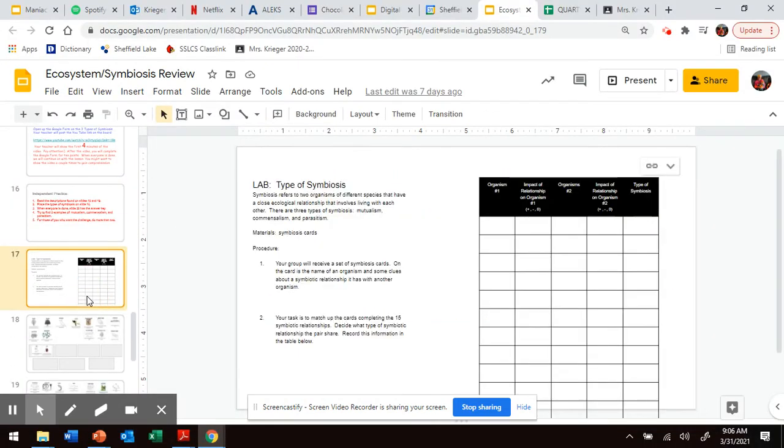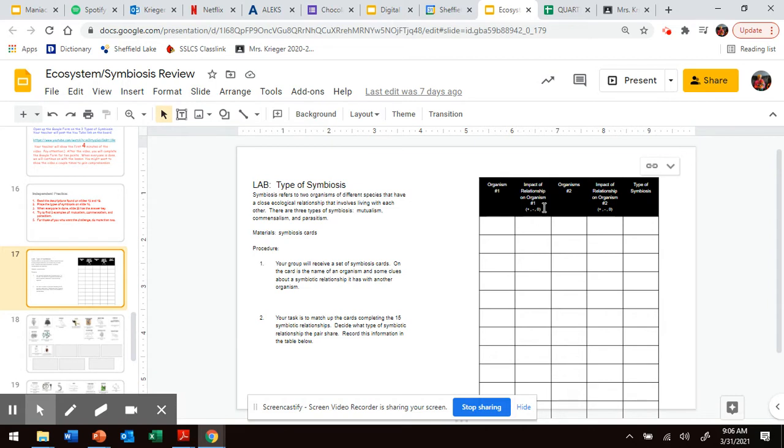So this is slide 17, and this is where you will be recording organism one and organism two. And then you're going to say, was the relationship positive? Then it's mutualism. Was it negative? Then it's parasitism.